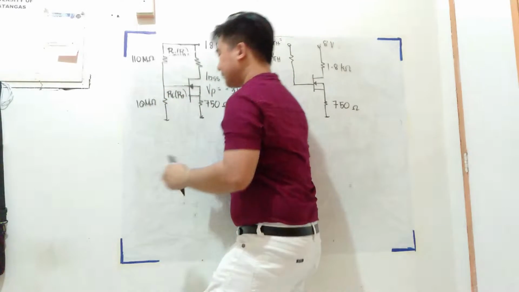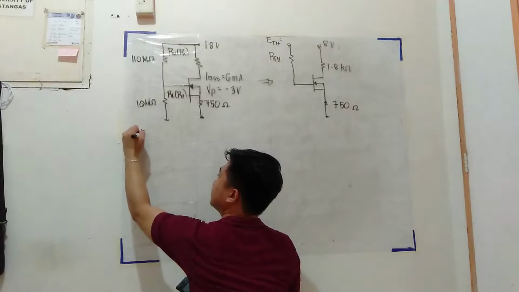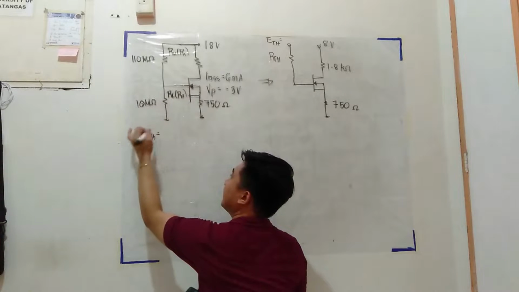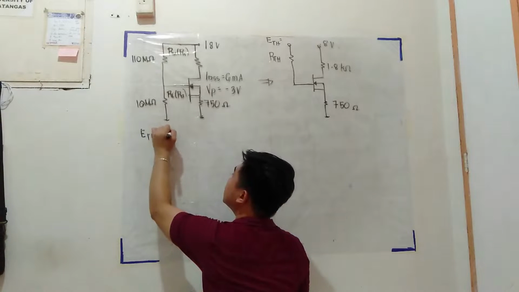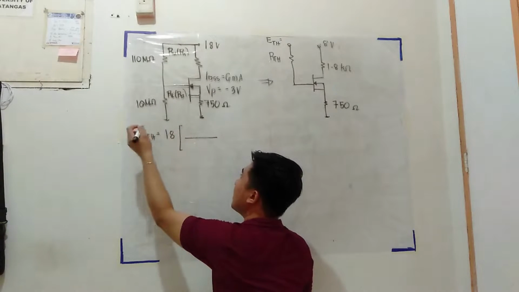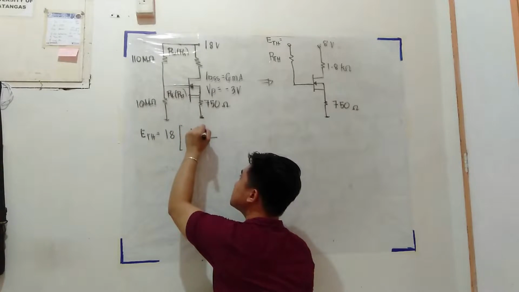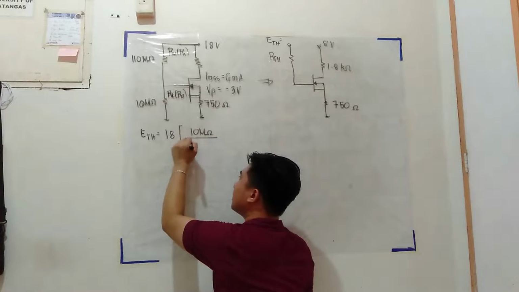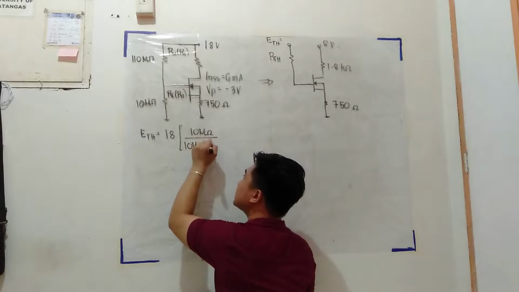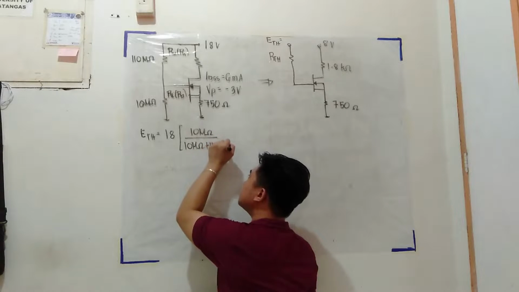Okay? So to get the ETH, that is 18 times R lower, which is 10 megaohms, all over 10 megaohms plus 110 megaohms.